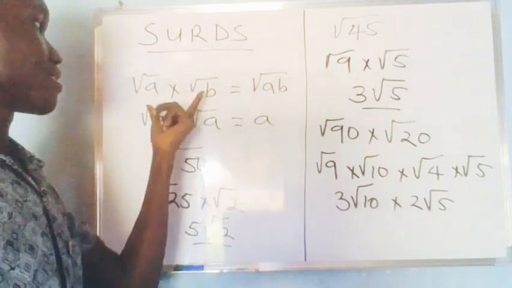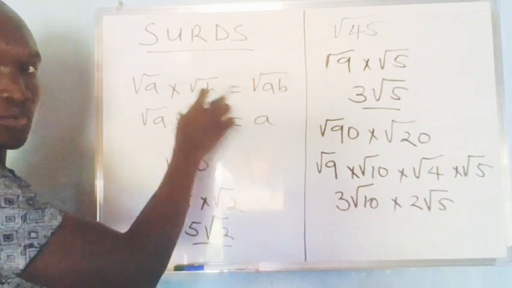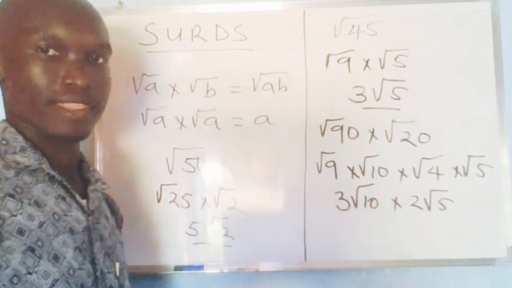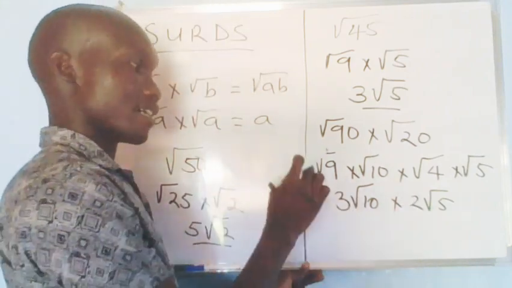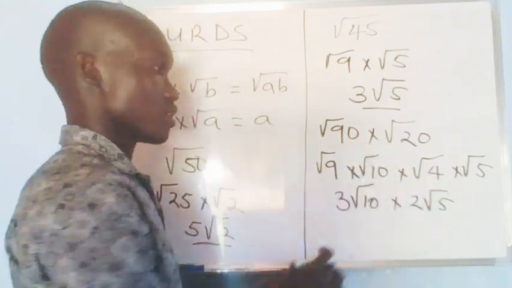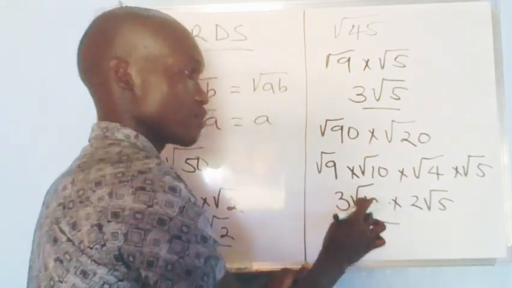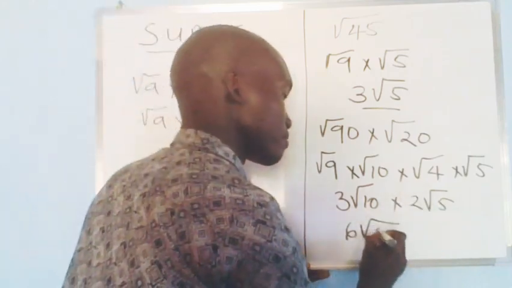Now from the first rule, when you have square roots of different numbers, we multiply them. So we multiply the whole numbers with the whole numbers and the square root with the square root. So 3 times 2, that will be 6. Root of 10 times 5, that will be root 50.